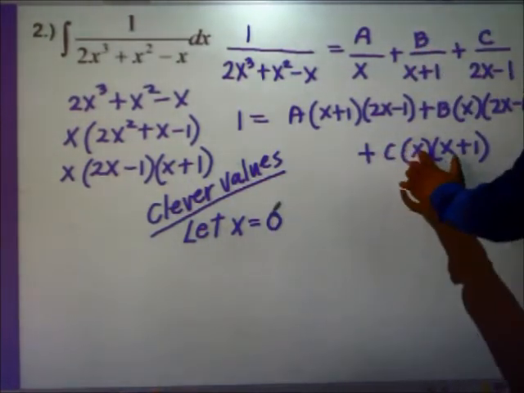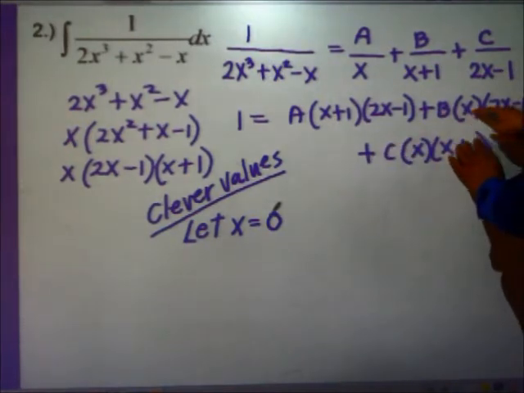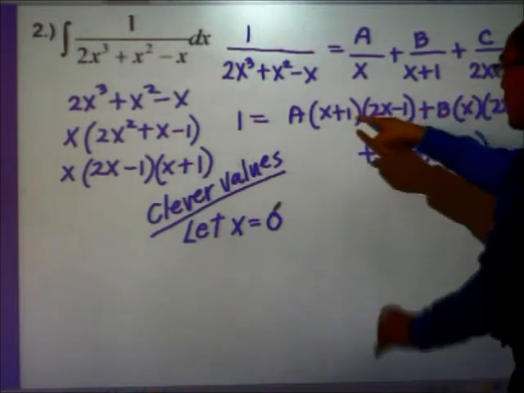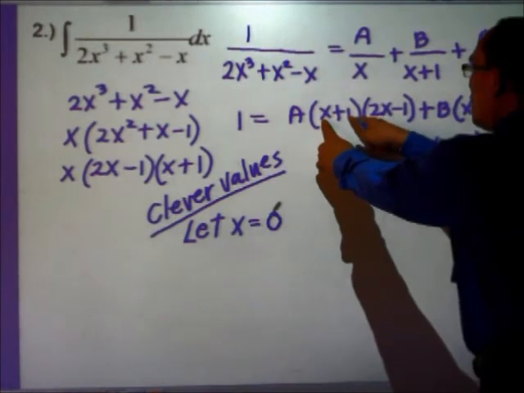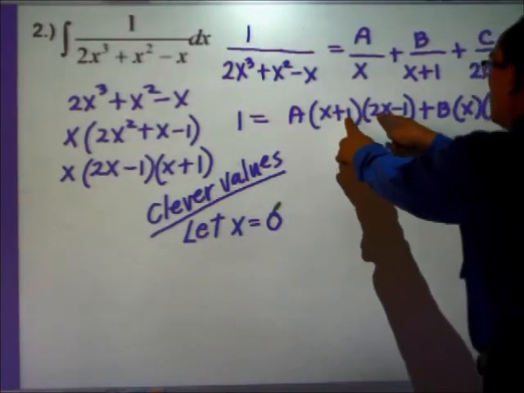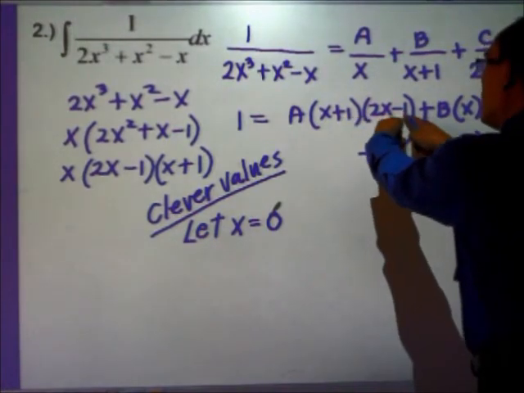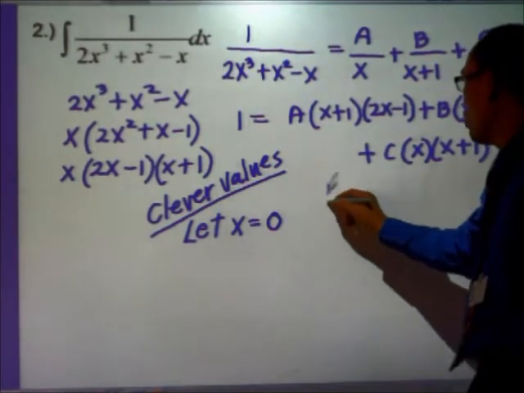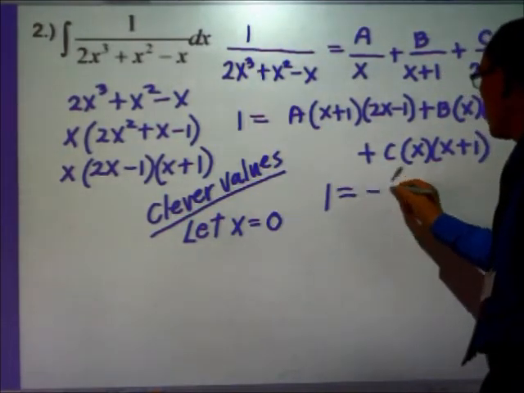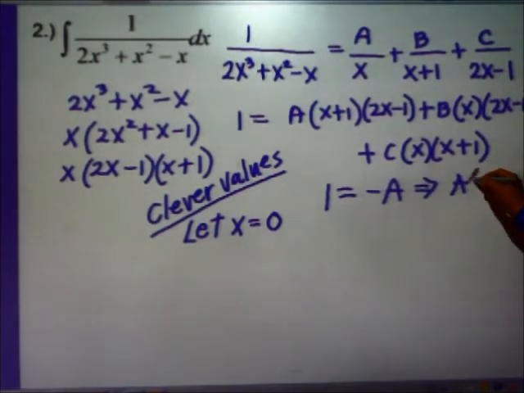So if x is 0, everything here will turn to 0. If we plug in 0 here, all of this will become 0. And if we plug in 0 here, 0 plus 1 is 1, and 2 times 0 is 0 minus 1, so this is 1 times negative 1. It's actually negative 1a. So the first equation we have is 1 equals negative a. Therefore a equals negative 1.